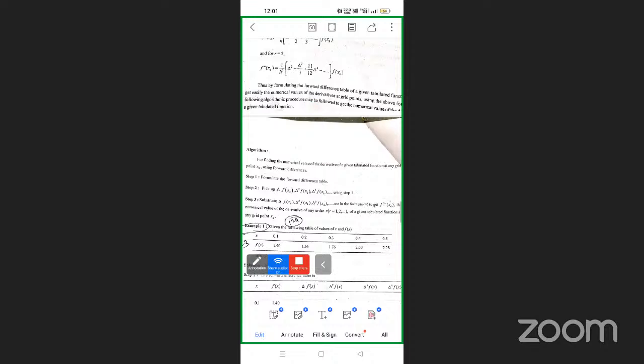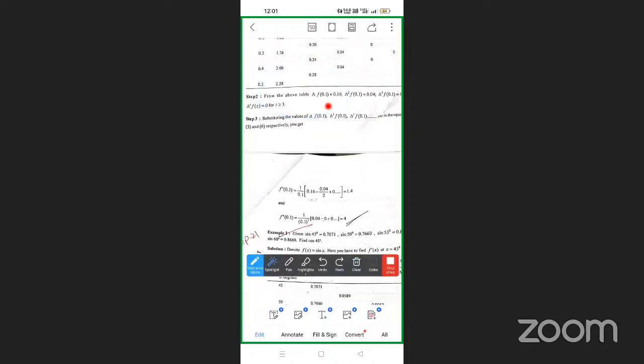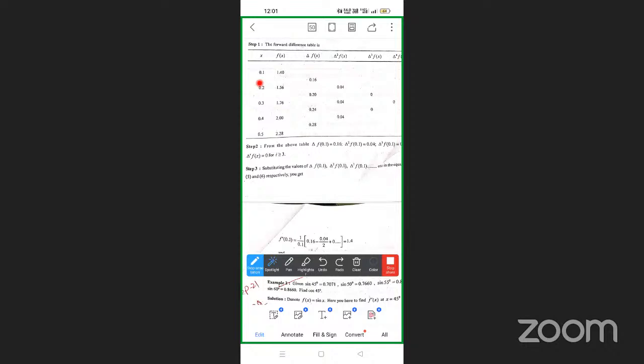So f dash of 0.1: xk is 0.1, and 1 by h, where h is the difference between these values, 0.1, 0.1, 0.1, 0.1.